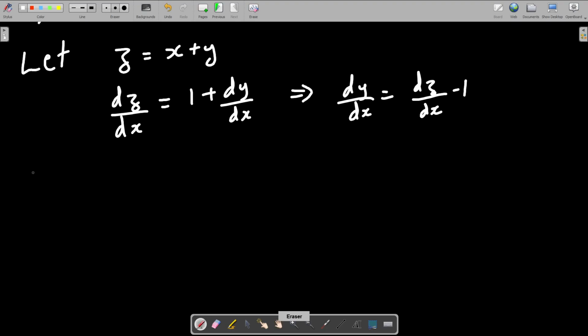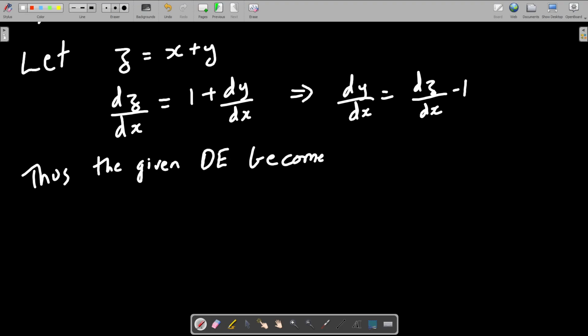Okay, so thus the given differential equation becomes, what is the given differential equation? dy by dx is equal to x plus y plus 4 upon x plus y minus 6.